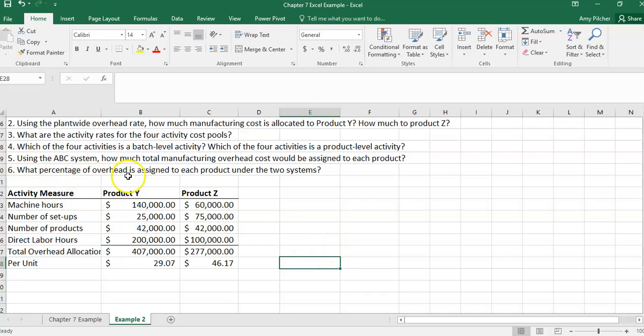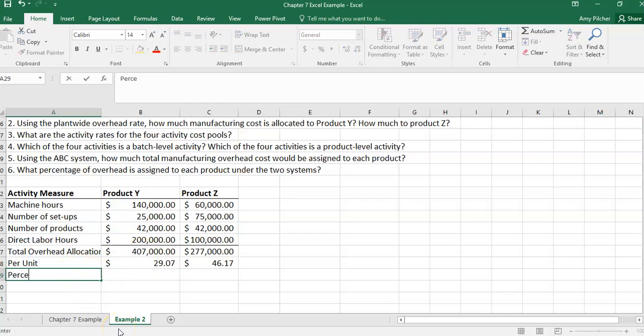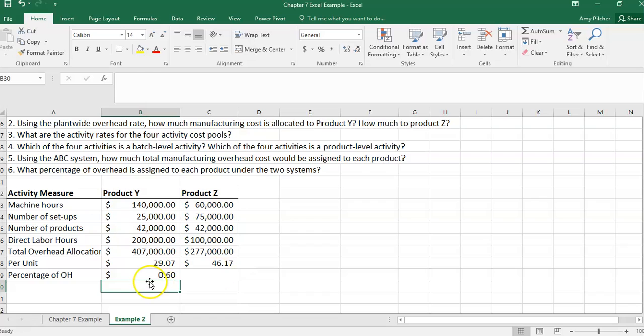The last number asks what percentage of overhead is assigned to each product under the two systems. That wants to know what percentage of total overhead each product gets. Our total overhead amount was $684,000. So we take the allocation for each product divided by the total overhead amount, and we turn that into a percent.